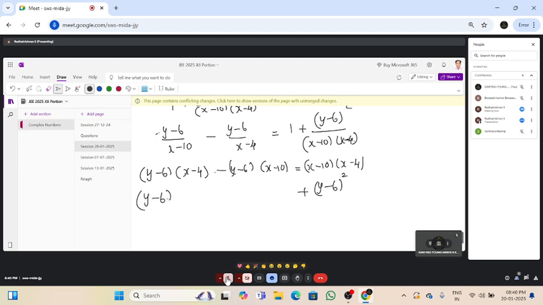Simply y minus 6 into x minus 4 minus x minus 10. That's all. Okay, then this is equal to x square minus 14x plus 40 plus y minus 6 whole square. So this is 6.